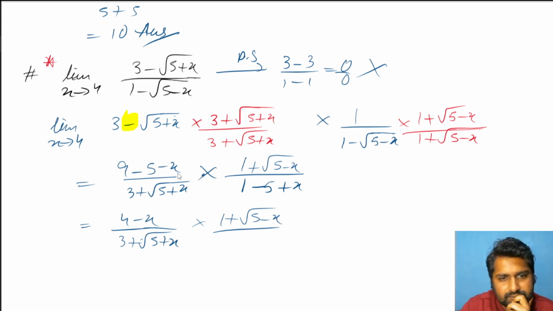There's something wrong. They should have come same. 5 plus x, question is correct. Minus plus minus, negative minus 5 minus x, that's okay. Negative a square minus b square minus 5 plus x, it is coming 4 plus, it's coming 4 minus.